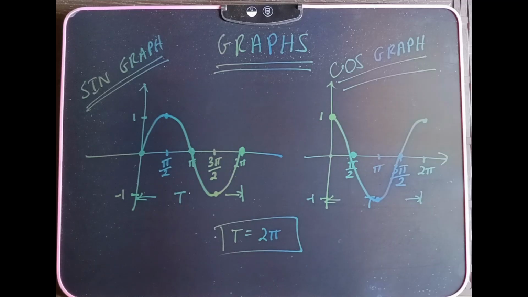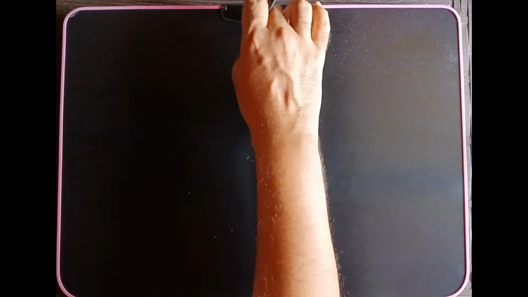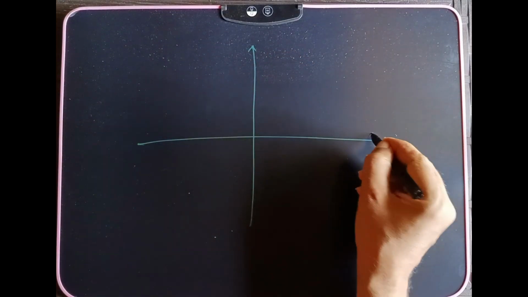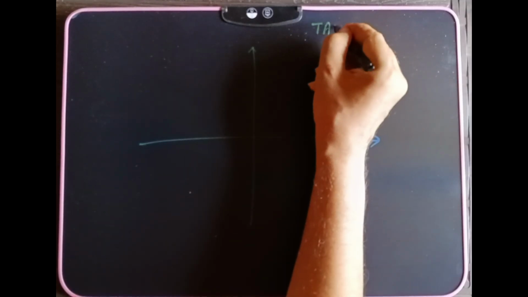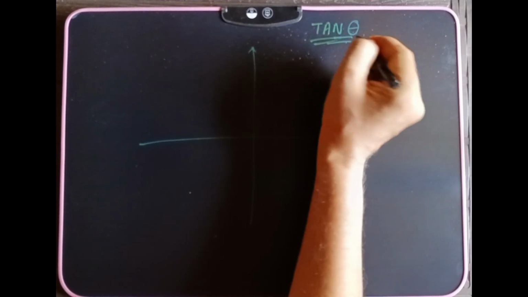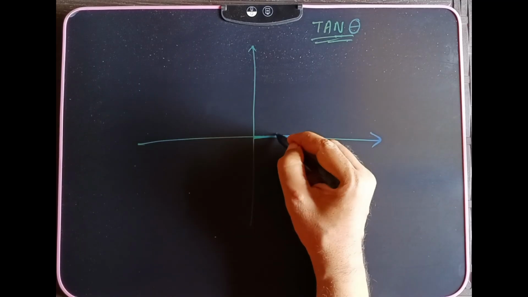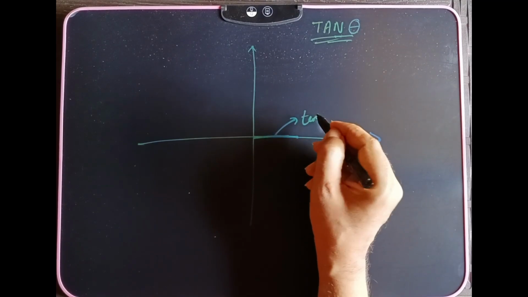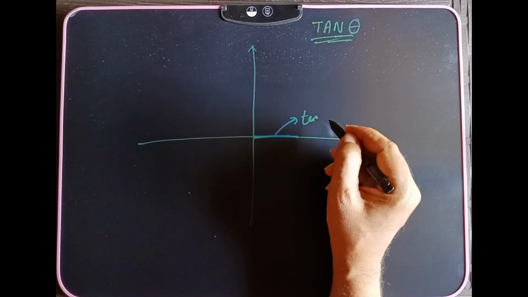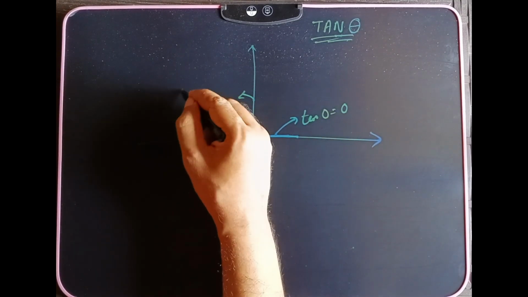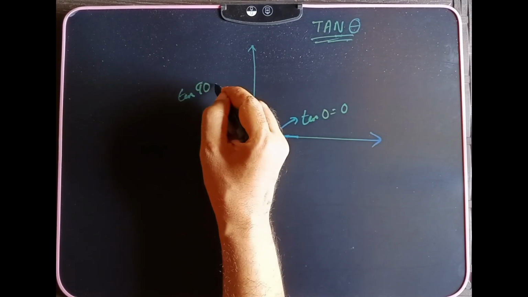So now let us move on to the tan graph. Let us see what possible values tan takes. I'll clear this out. This is for tan theta. Tan of 0 is 0, right? Tan of 90 will be what?